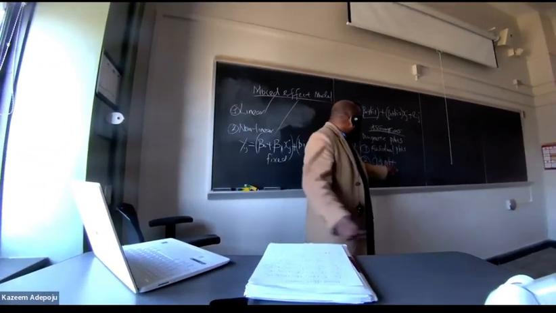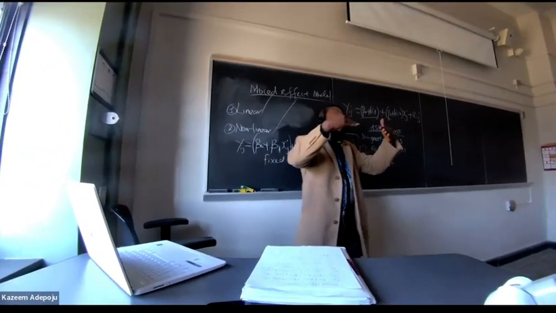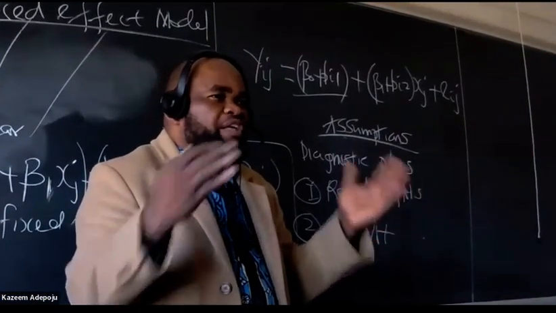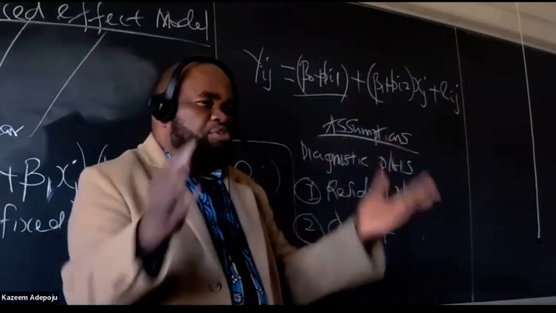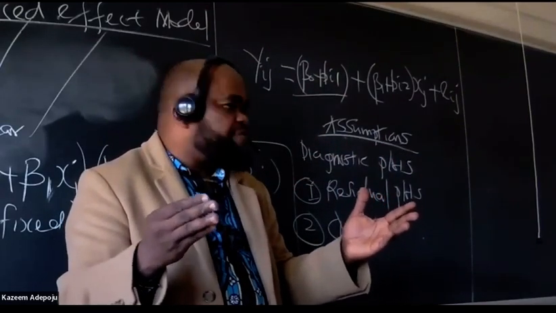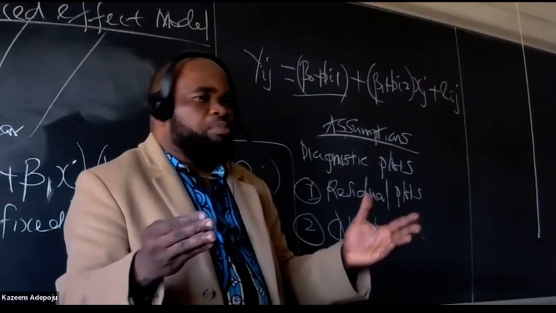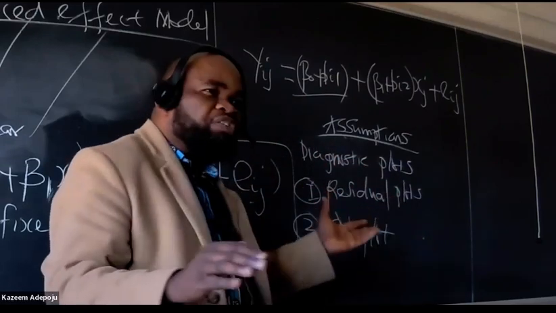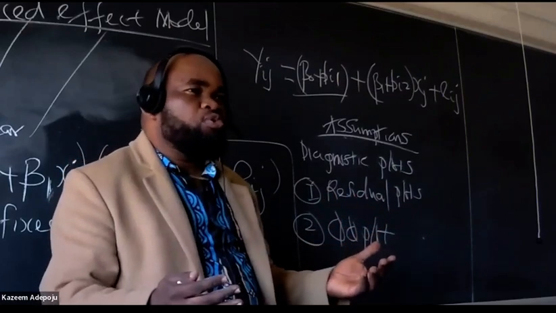When there is a pattern in the residual plot, it means the assumption of linearity is violated. But if the residual plot does not show a pattern, then the linearity assumption holds.